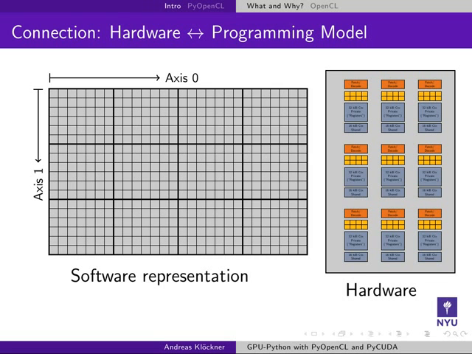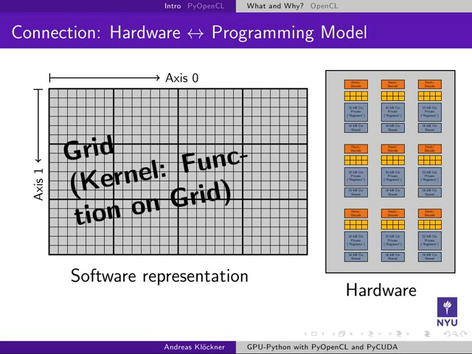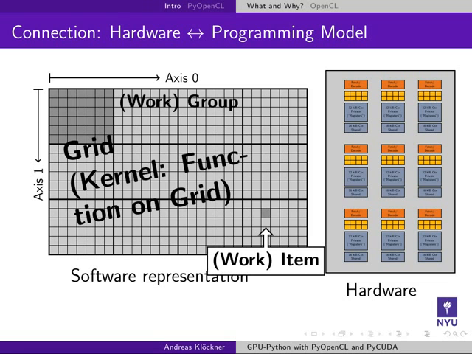This would be the hardware side, and this would be the software representation of the two programs, right? Okay, so we build a grid and say the grid is partitioned into these little individual work items.